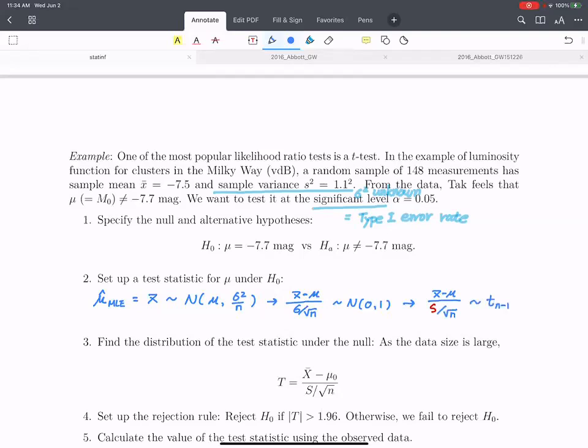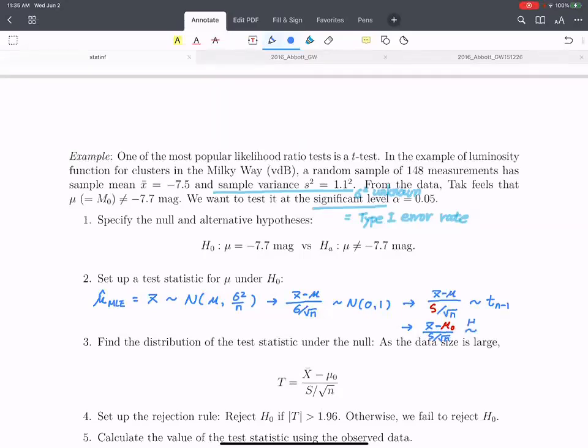And finally, we replace mu with mu naught, negative 7.7, the value under the null, because we want to have some quantity under the null, and we want to find the distribution under the null. So if we replace that, it will be sample mean minus mu naught, which is negative 7.7, over sample standard deviation over square root of 10.